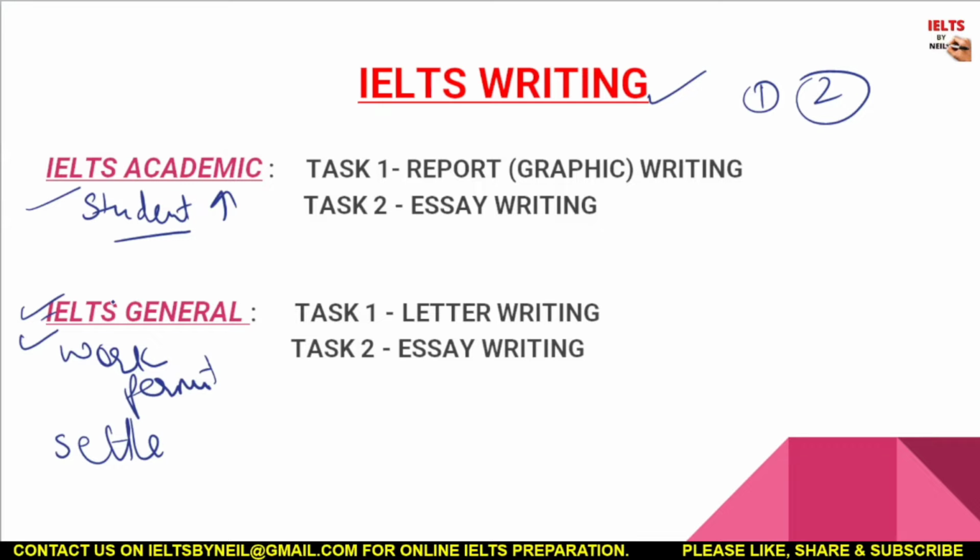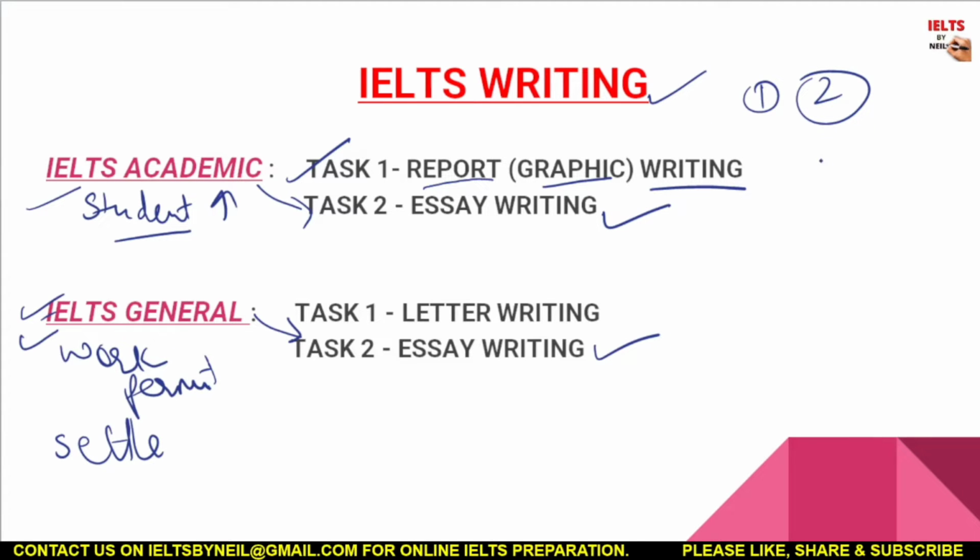So in IELTS academic and IELTS general, there is only one difference in the writing section, and that is for task 1. Because task 2 for academic and task 2 for general are the same, that is essay writing. And task 1 in academic is graphic report writing, means you will get some diagram.